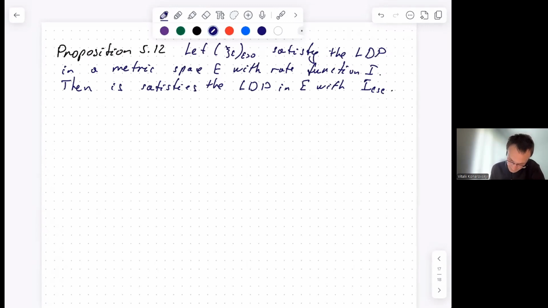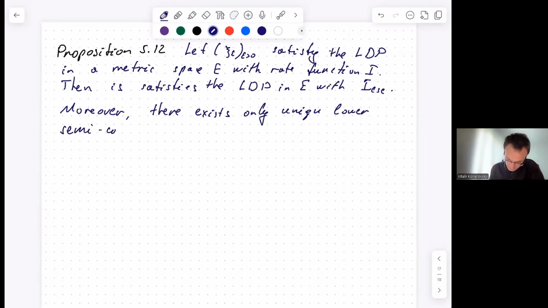Moreover, there exists only one unique lower semi-continuous associated rate function.